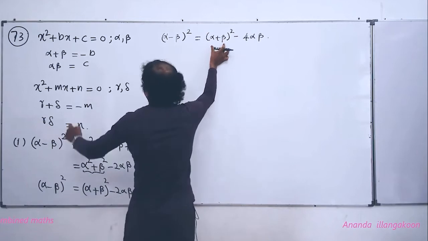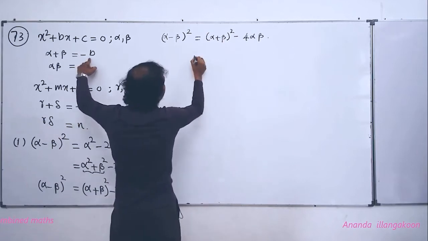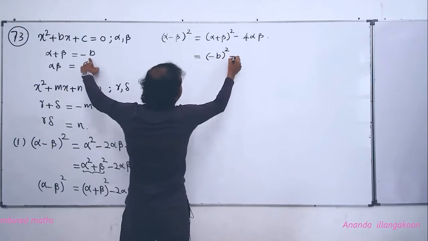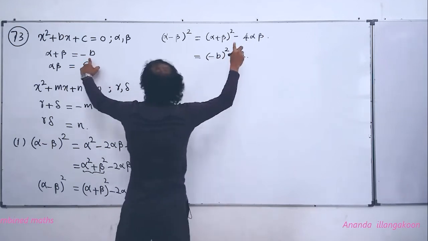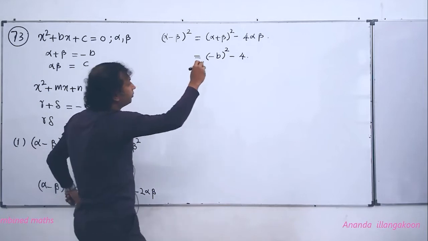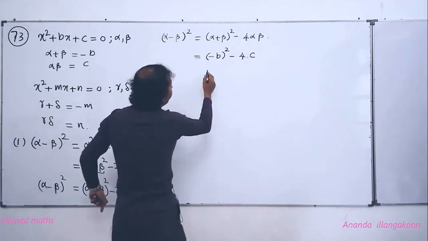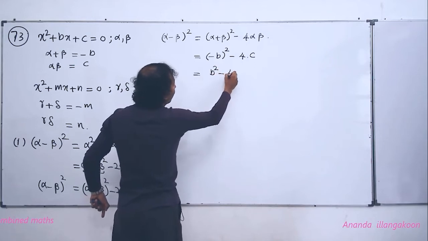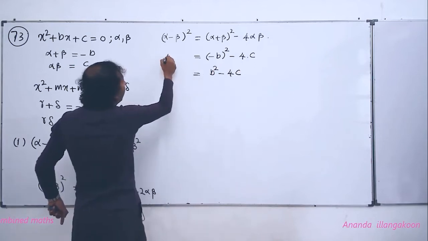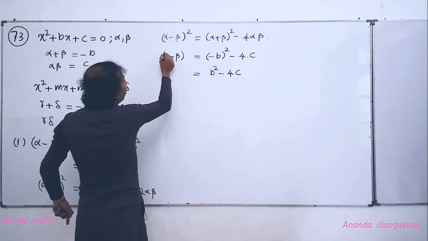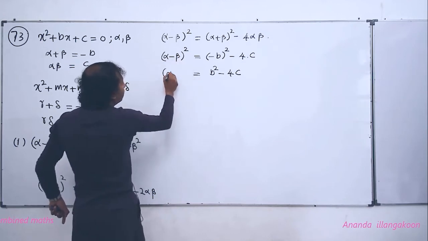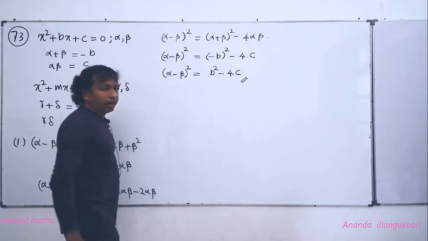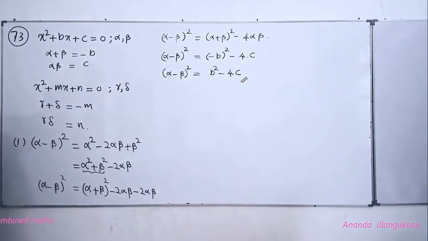Alpha plus beta is minus b. Then we get there (minus b) perfect squared minus 4 times alpha beta, which is, people, c. Then (minus b) perfect squared is b squared, minus 4c. This is your (alpha minus beta) perfect squared. This is the answer for (alpha minus beta) perfect squared.